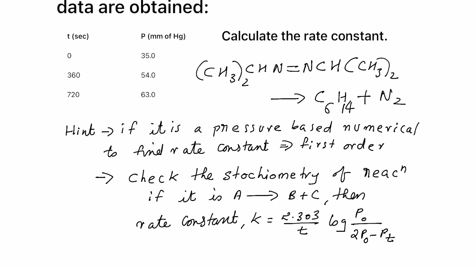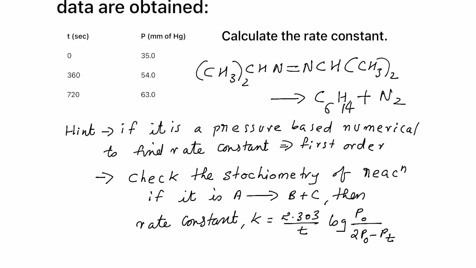See, you check azoisopropane. What is the coefficient? 1. 1 azoisopropane gives 1 hexane and 1 nitrogen. A gives B plus C. A single reactant with coefficient 1 undergoes decomposition to give 2 products and their coefficient is also 1.